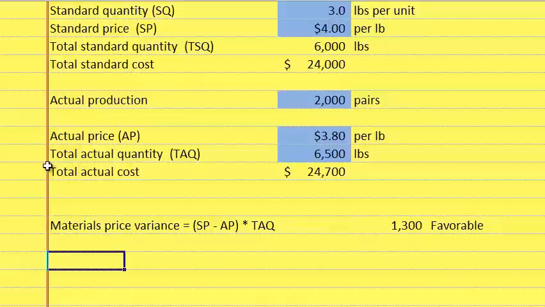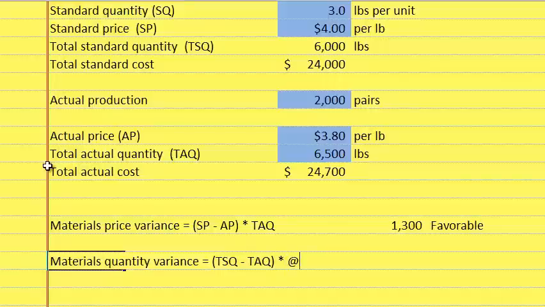Now let's take a look at the materials quantity variance. The formula for the materials quantity variance says total standard quantity minus total actual quantity, and we multiply that times the standard price.